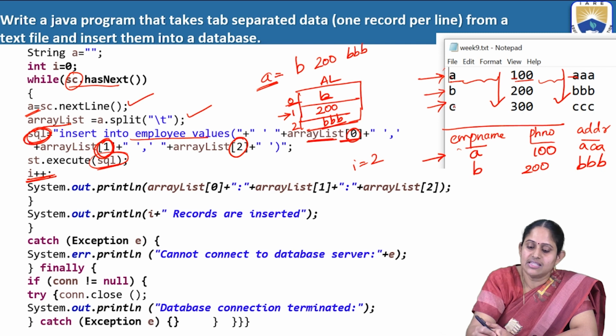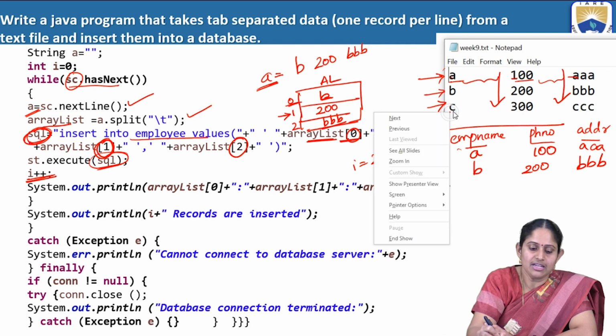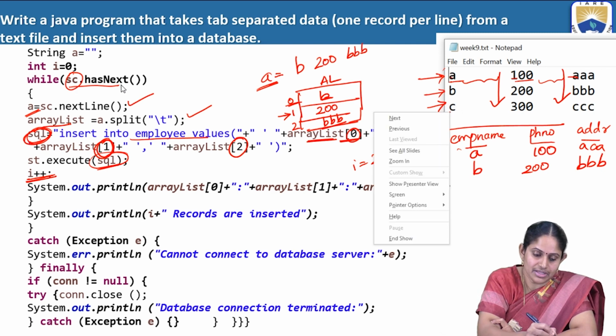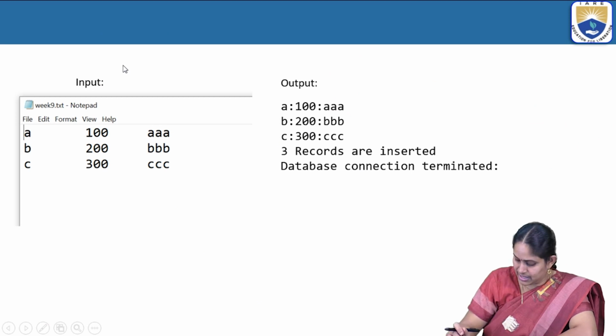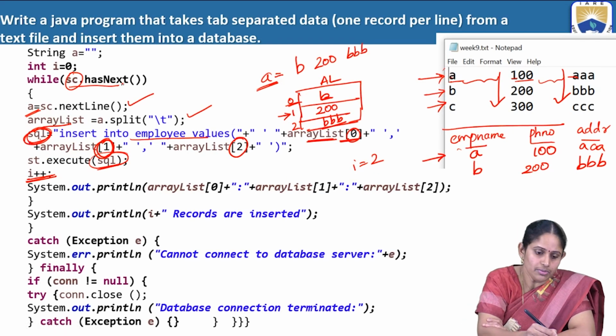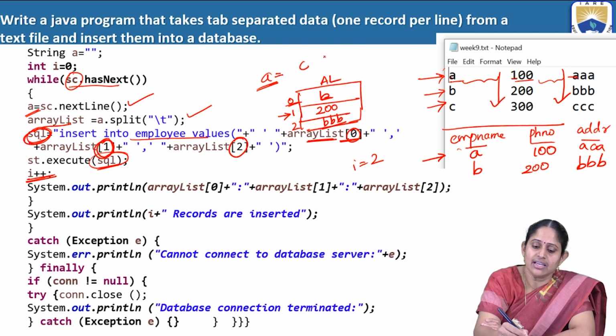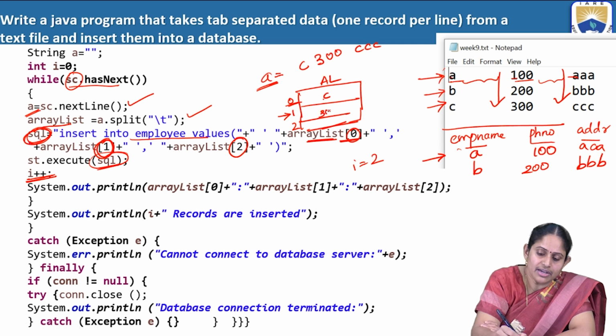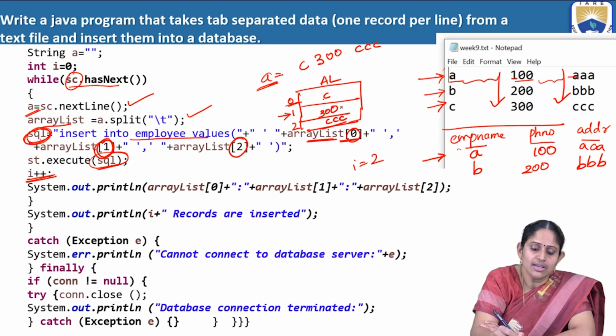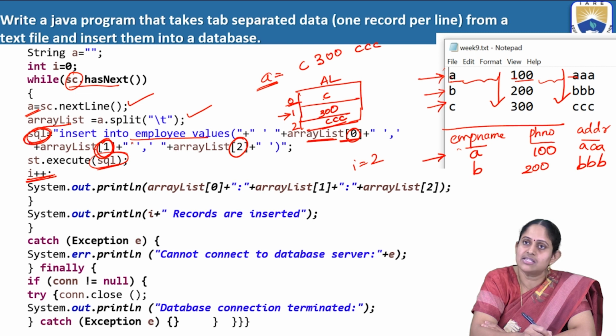Now still there is one more line in the file. So again hasNext will return true, so this iteration will happen again. Now A will contain the third line, which is C, 300 and CCC. So again it is split, so the array list will be C, 300 and CCC. So again we execute the insert query.